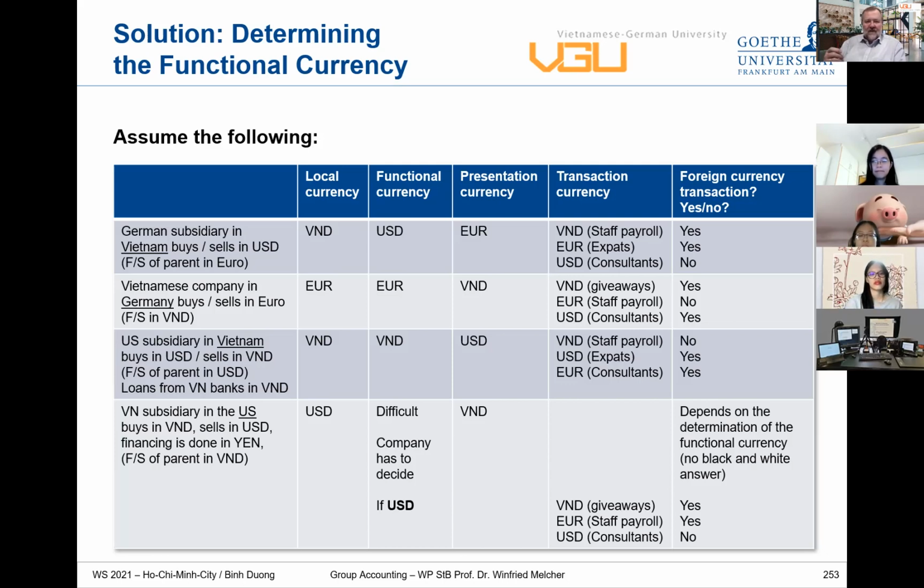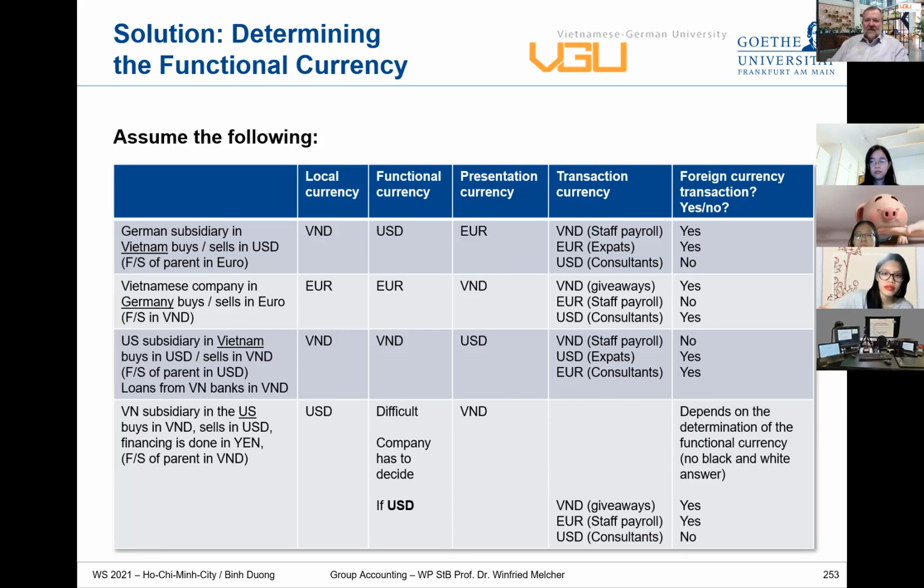So even if a German company is sitting in Vietnam, but most transactions that they do are in US dollars, it does not matter what the local currency is in Germany. It does not matter whether the local currency in Vietnam is VND.